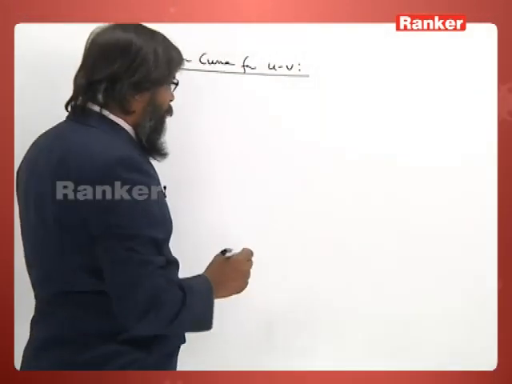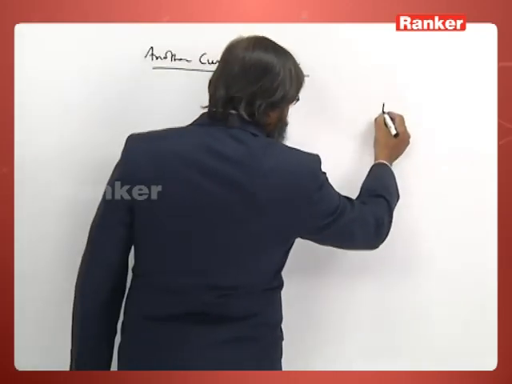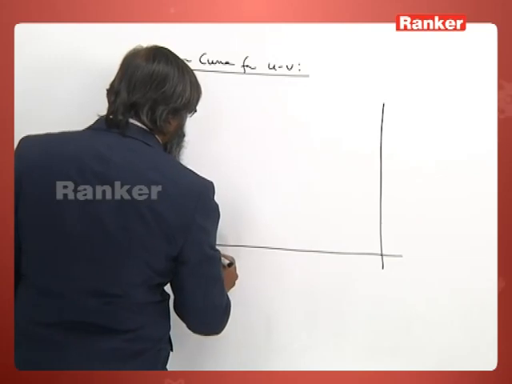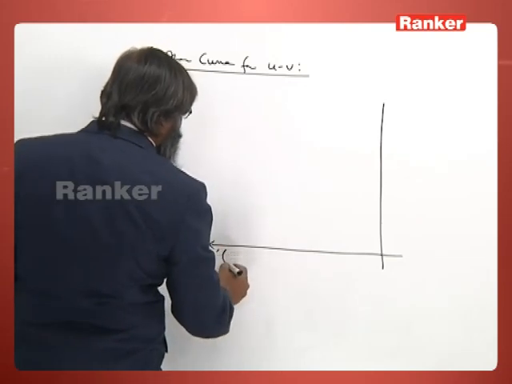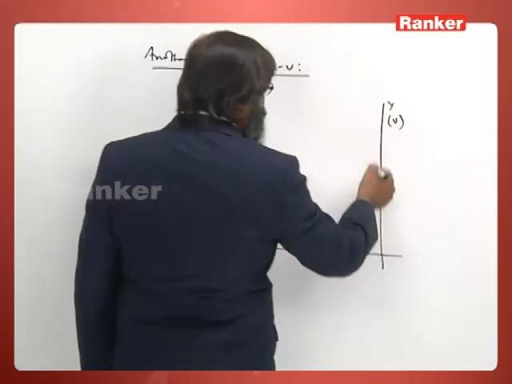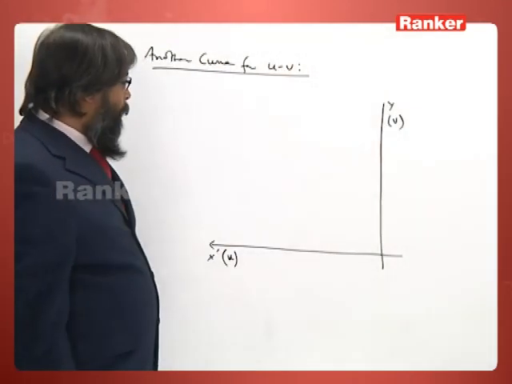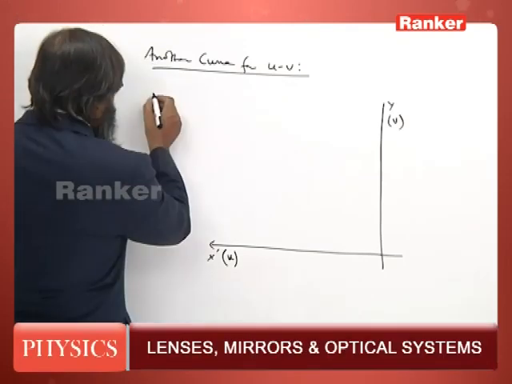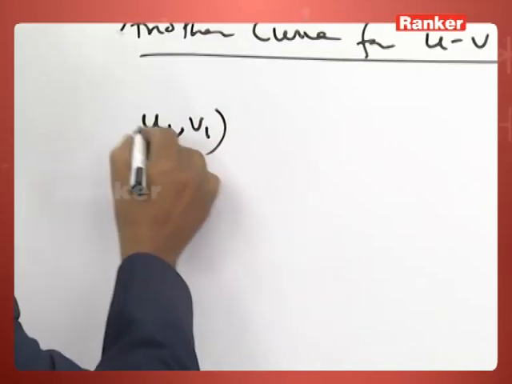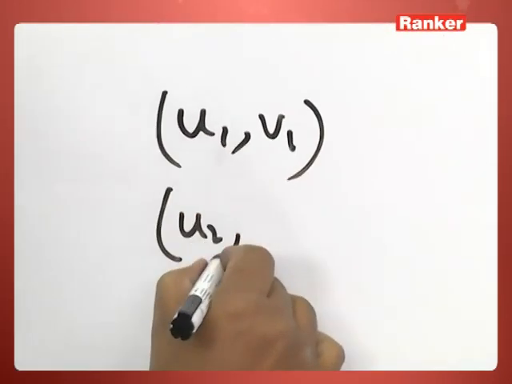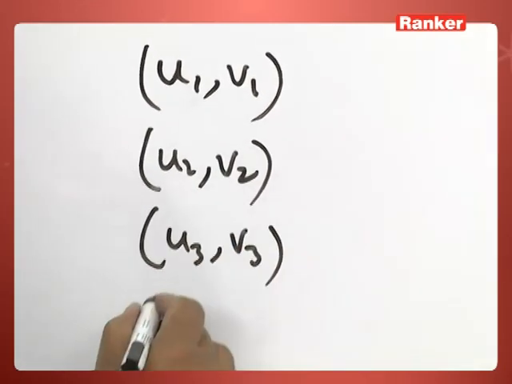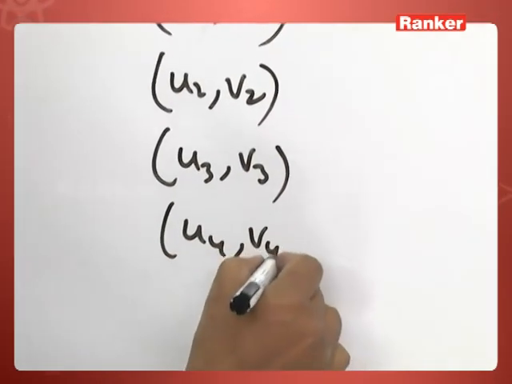Next, what do we do? We draw an equal scale. Along this x axis we plot u, and along y we plot v. The scaling should be the same. Suppose for u1 object position the image is at v1, for u2 it is at v2, for u3 it is at v3, for u4 it is at v4.